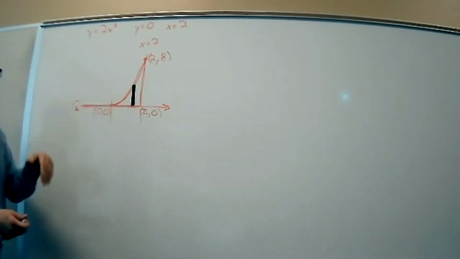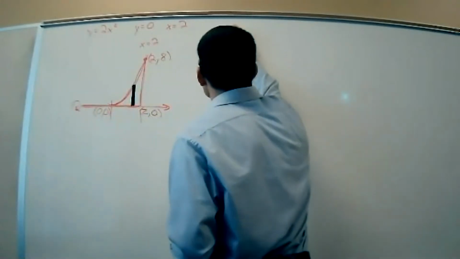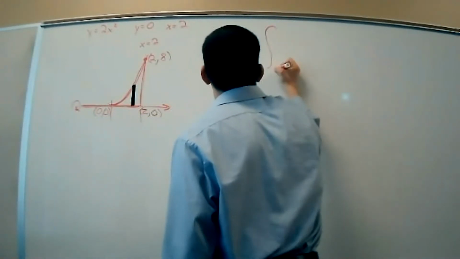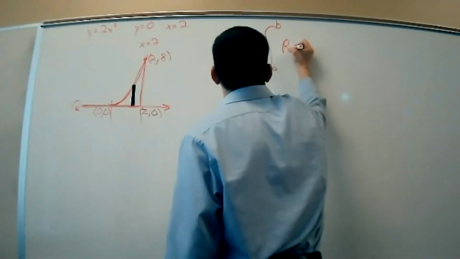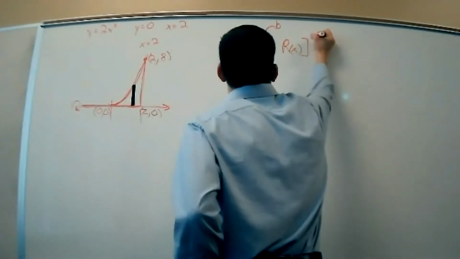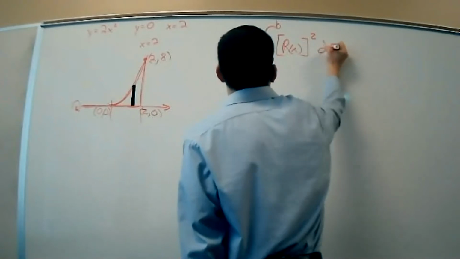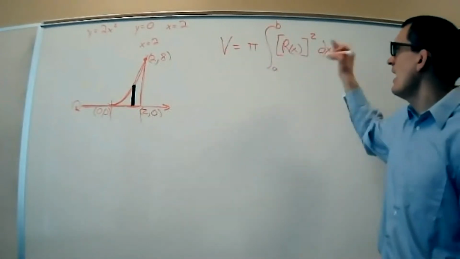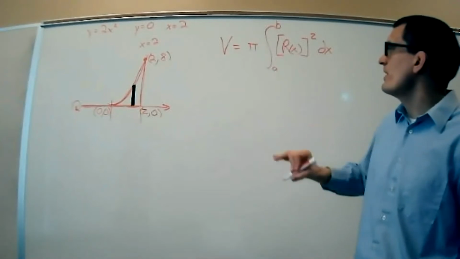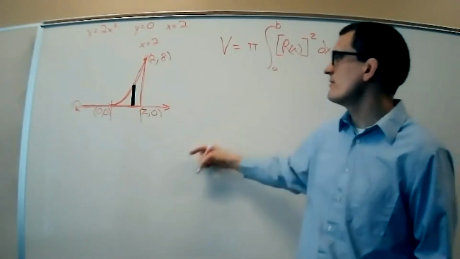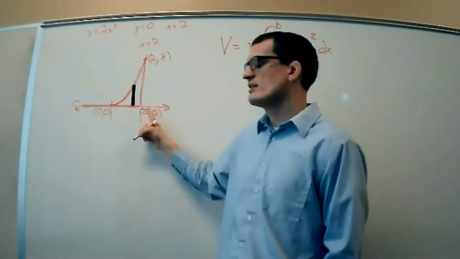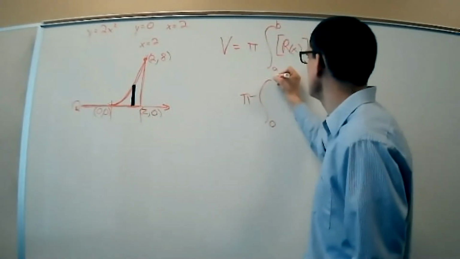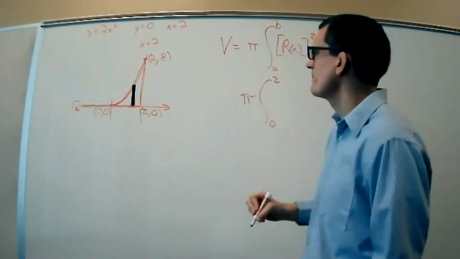We're rotating around a horizontal line. And then we go, well, this is an x value. So this starts at 0, goes to 2. Integrate from 0 to 2.